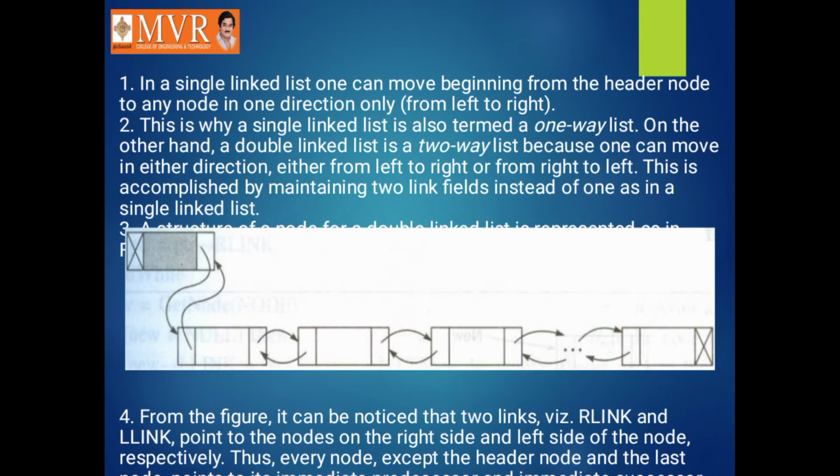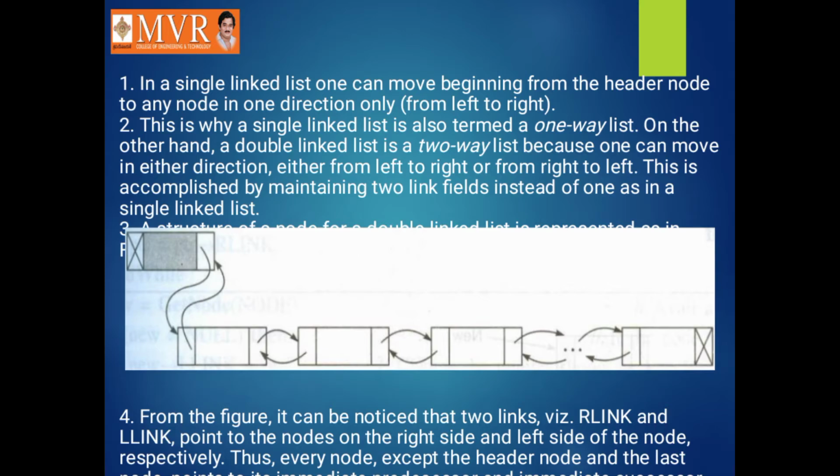Here is a sample figure showing you a simple double linked list. In this double linked list, the first node, the gray colored node you are seeing, is called the header node. As I told you, the header node does not contain any data part, it only contains the link part.